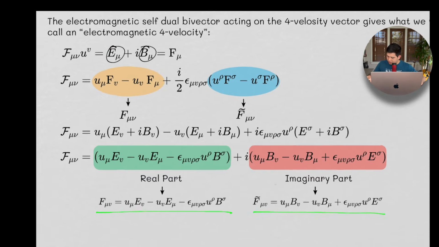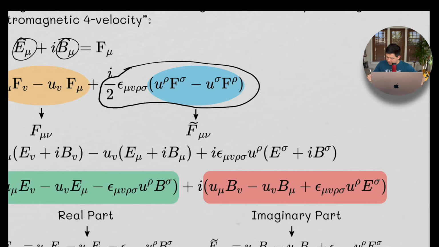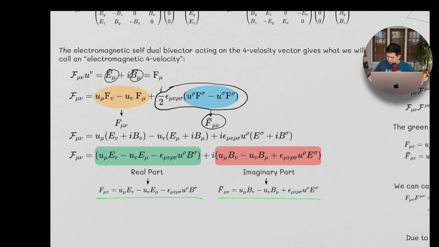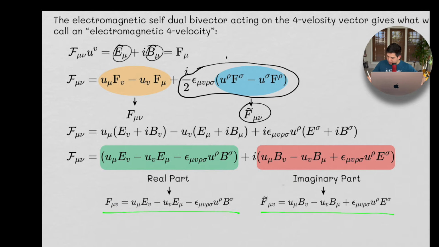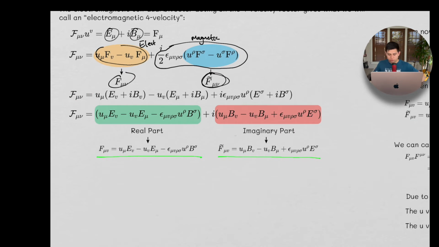And then all of this, I highlighted just this part in blue, but in reality, as you recall, this whole thing, not the I part, this whole thing here, we defined as being the dual, okay? So this is the magnetic part, and this here is the electric part, okay?